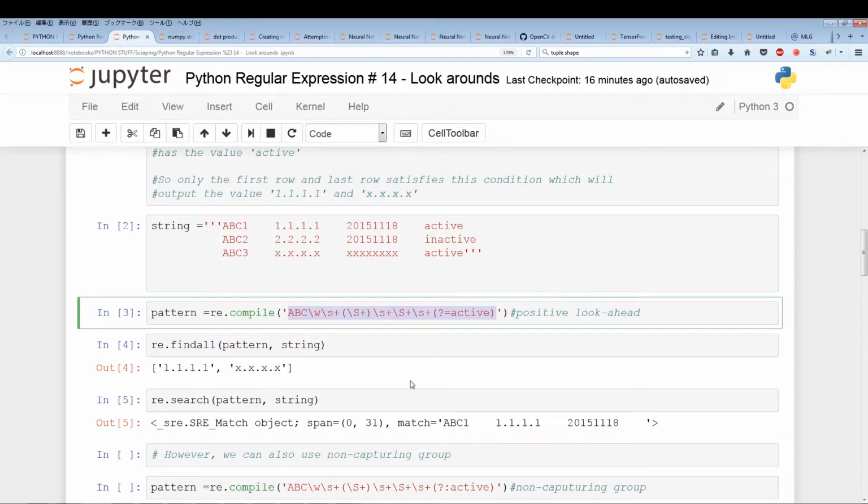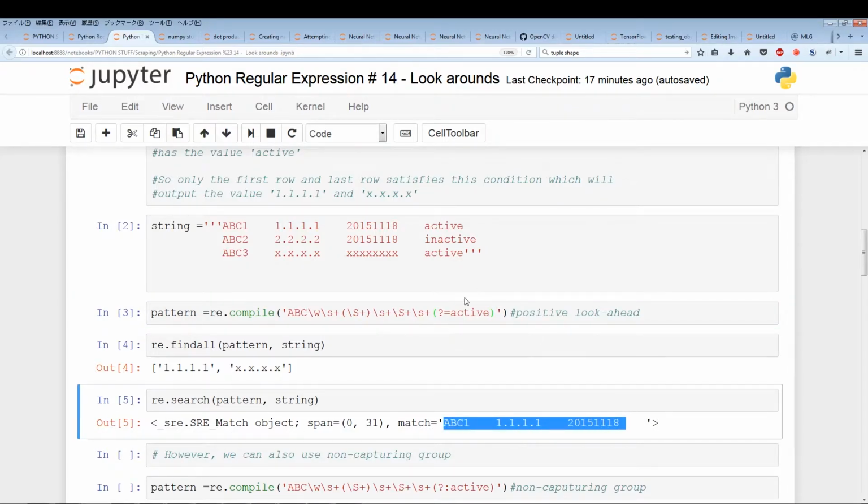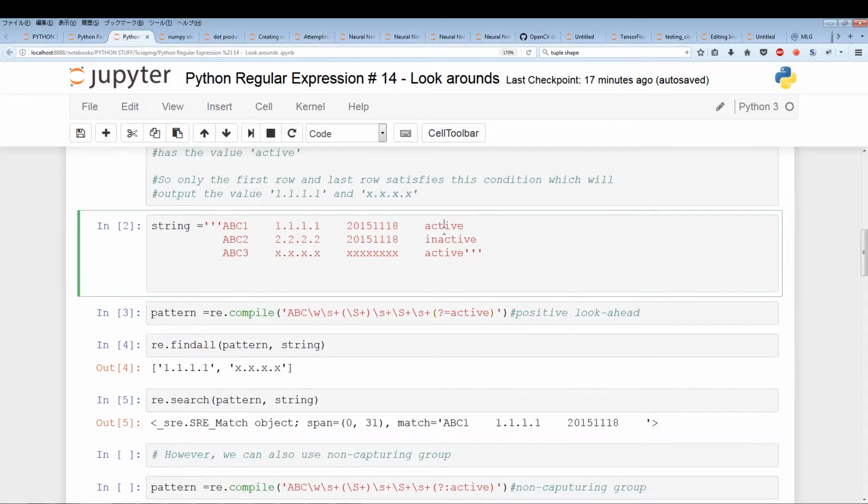So now we're going to see something funny in this pattern. Even though we have this portion here, question mark equals active, this positive lookahead, it's actually not being captured. That's a key point I want to demonstrate. If you look at the re.match object, it matches all of this and it matches this, and the empty string, but it does not match this active, inactive, or active.